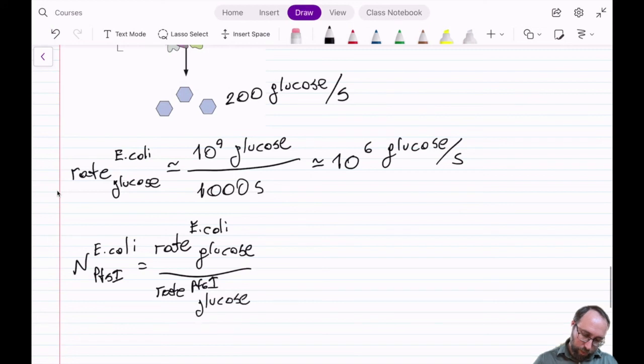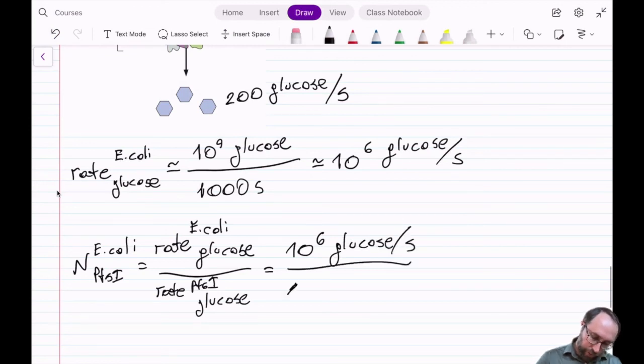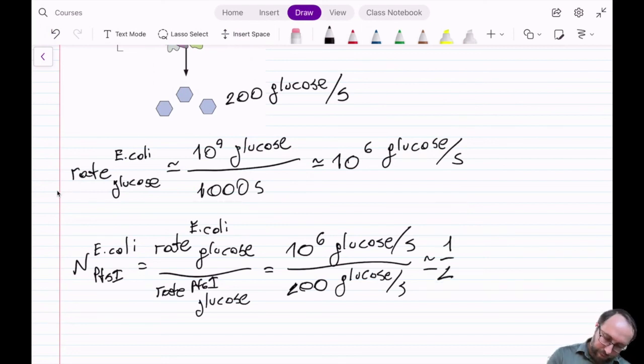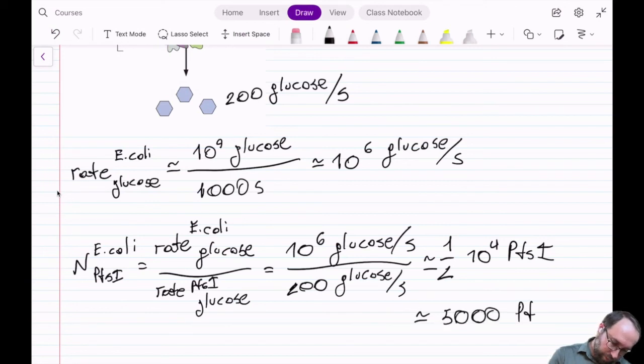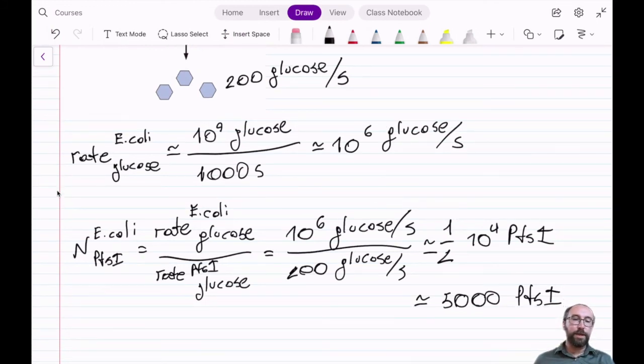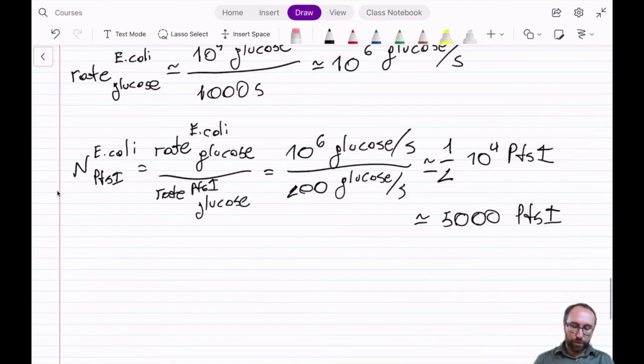So we're talking about 10 to the 6 glucose molecules per second divided by 200 glucose molecules per second. And so this is on the order of, let's see, it's 1/2 divided by 10 to the 4 PTS1 molecules, which is on the order of 5,000 PTS1 molecules.